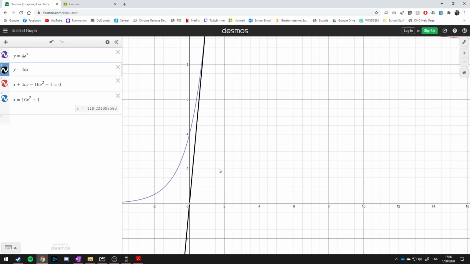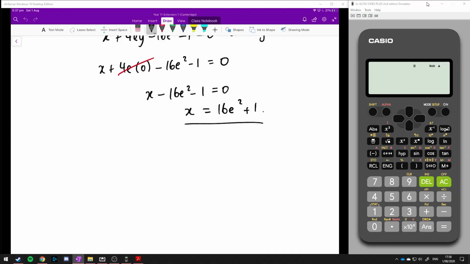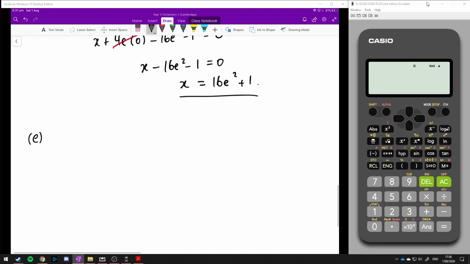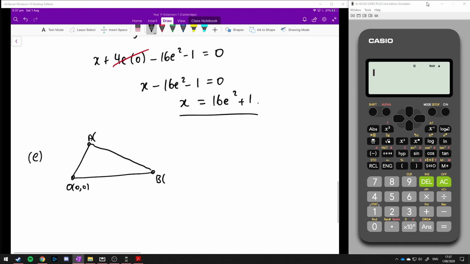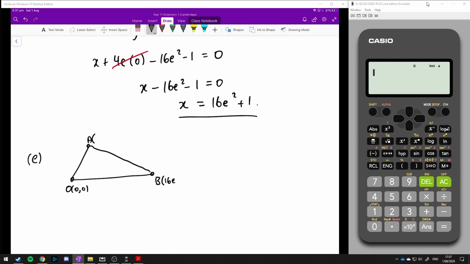If I was to draw it, it's going to look something like a triangle like this, where this is 0, this is B, and this is A. I might put the values of these points next to it. This one was 16e squared plus 1, and this one was 4e.